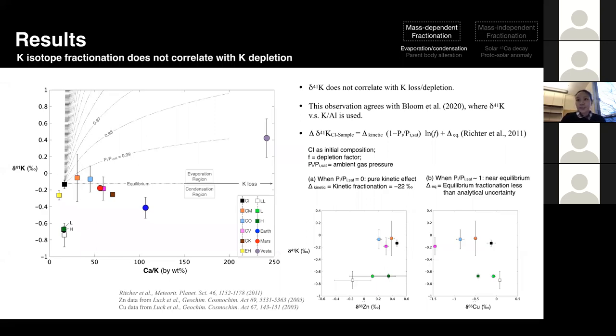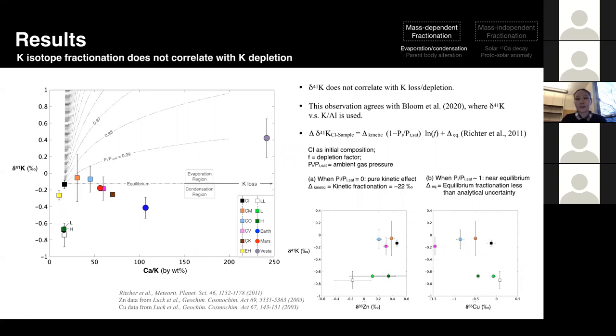If delta potassium-41 fractionation is caused by a thermal event and follows mass-dependent fractionation, we should see clear correlations in potassium-zinc and potassium-copper. However, there's no correlation, indicating that similar behaviors among them were not possible.